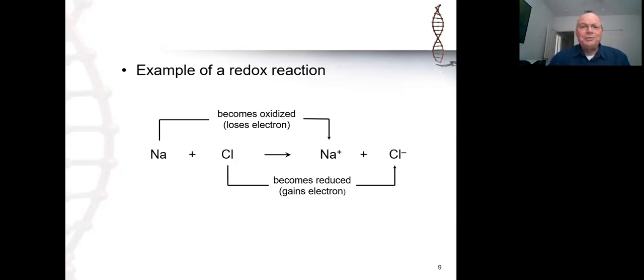So electrons as a source of energy cannot magically appear to do a reduction, nor can they magically appear as part of an oxidation. They have to come from somewhere. So something has to give up an electron in order for something else to be reduced. You cannot have one without the other.